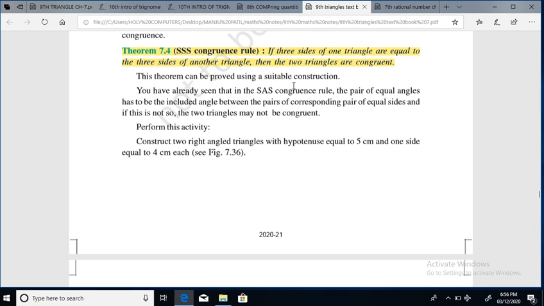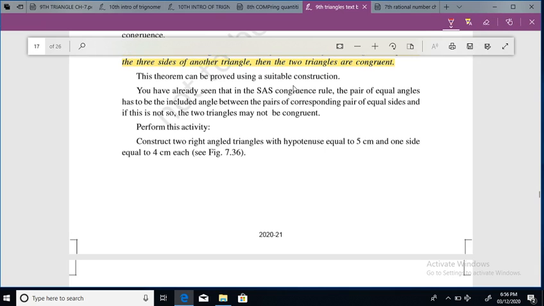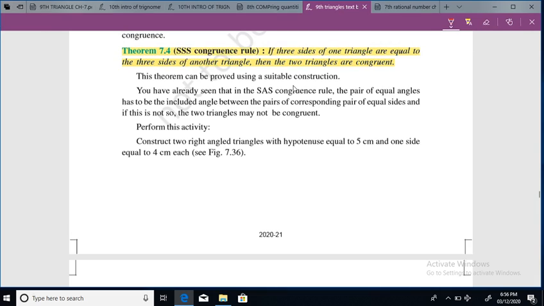In this, if three sides of one triangle are equal to three sides of another triangle, then the two triangles are congruent. It means, see here, this is one triangle and this is another triangle. This side is equal to this side, this side is equal to this side, and this is equal to this side.